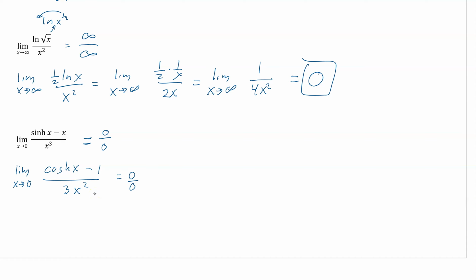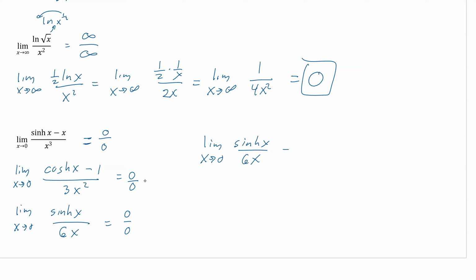Well, that's still indeterminate. So what do we do? Well, it meets the condition. So guess what you can do? Exactly, you do it again. So this would become hyperbolic sine of x over 6x, and then we check it, and that's 0 over 0. Okay, this is getting ridiculous. But the reason it's here is so that you can do this.